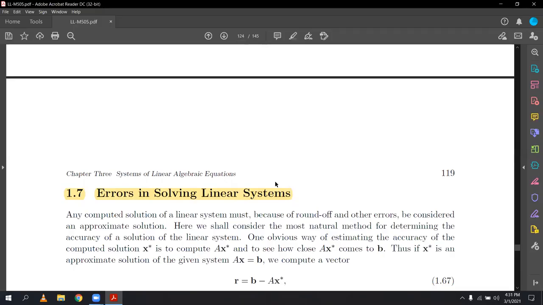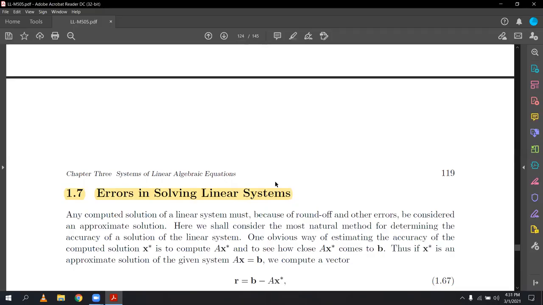Because if the exact and approximate were equal, then we could say the error is 0 here. Of course, approximate is very, very close to the exact, but not equal. So therefore, there must be some error in solving the linear system.